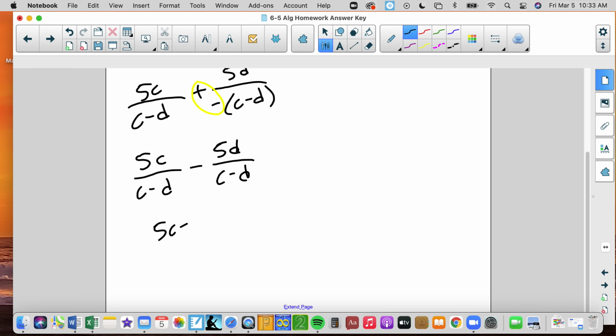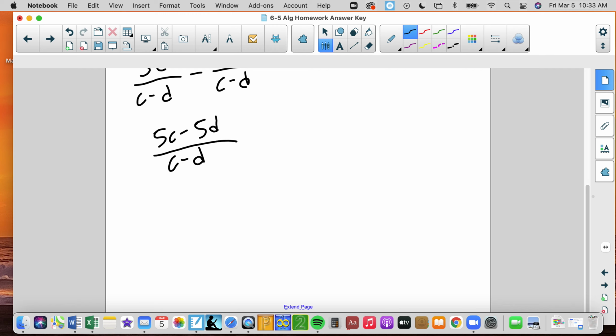Let's do 5c minus 5d over c minus d. Now let's look at that numerator. We can factor out a 5, and we get 5 times the quantity c minus d over c minus d. And we see that we have like binomials, and that binomial is multiplying the 5. That's why we can cancel it.